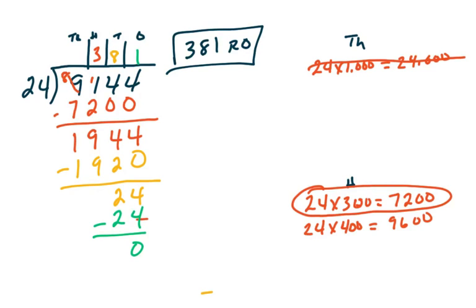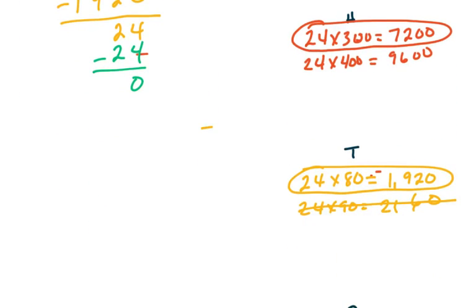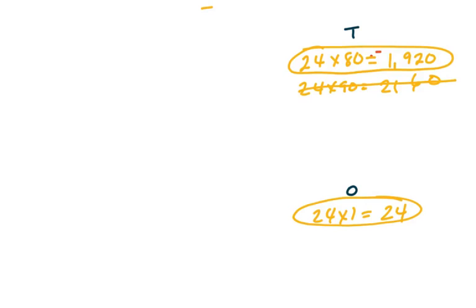As always, we go through and check. And remember, the good thing about using the modified standard algorithm is when we go through and we multiply, we get a chance to see everything that we were able to divide. We get to see each step of our division. So 381 times 24.